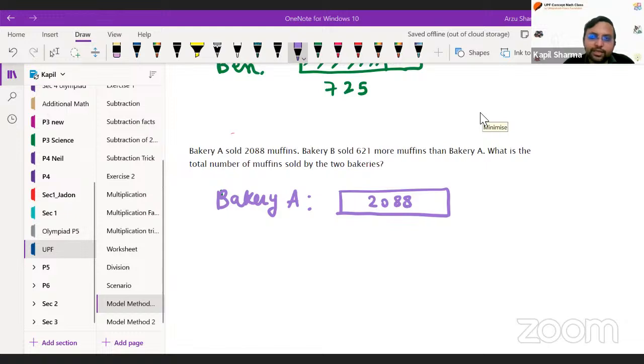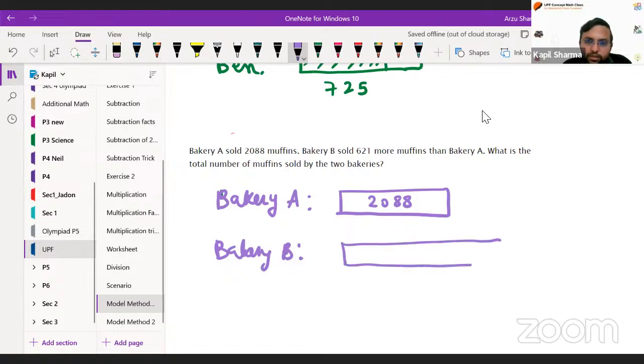Yashika, read the question again. So bakery B sold 621 more muffins. So that means the bar for this would be longer, and this is 621.